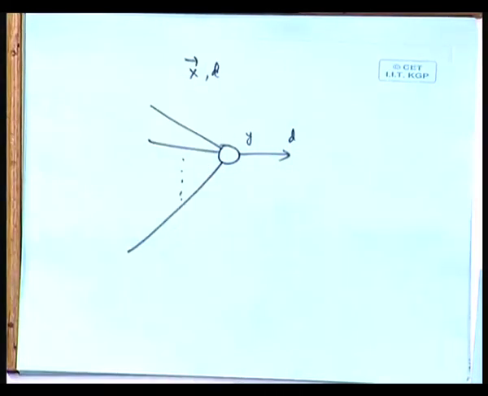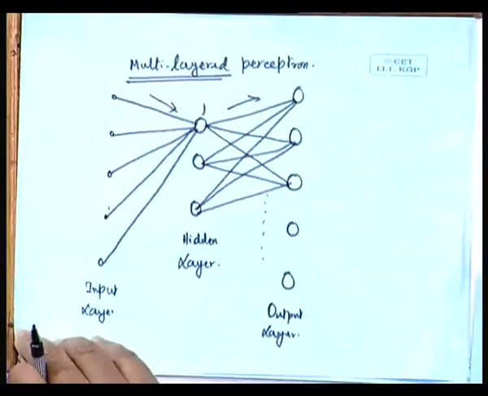Now, if we try to do the same in the case of multi-layered perceptrons, how are we going to achieve it? Here there will be some final output. Let us take any one output neuron, the jth output neuron, with some yj, and there will be something desired which is dj.